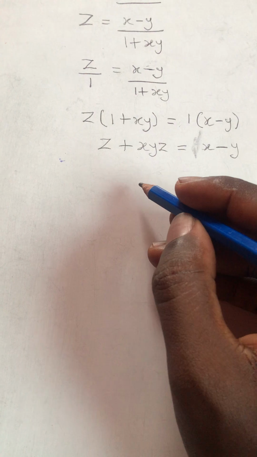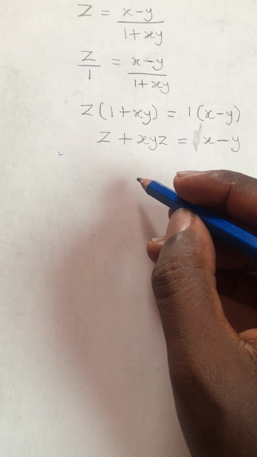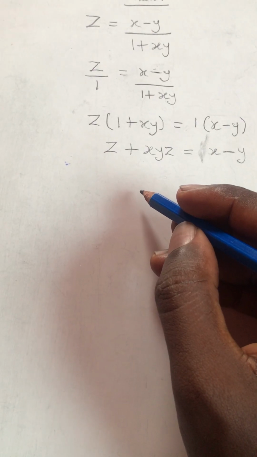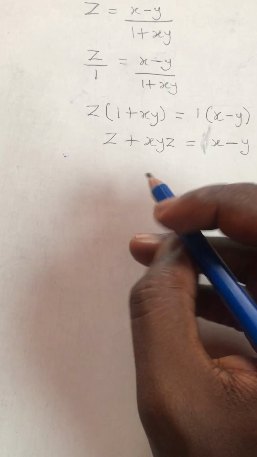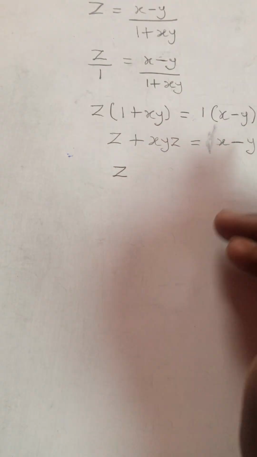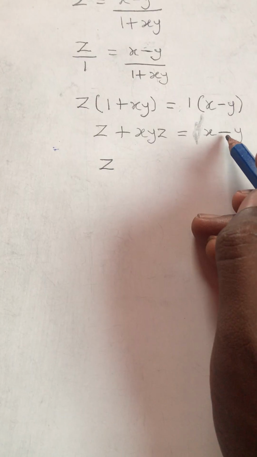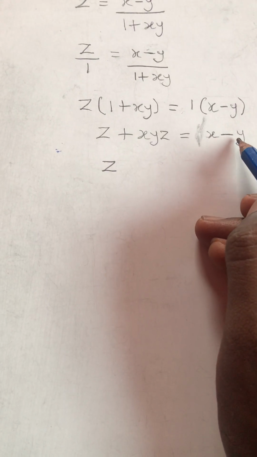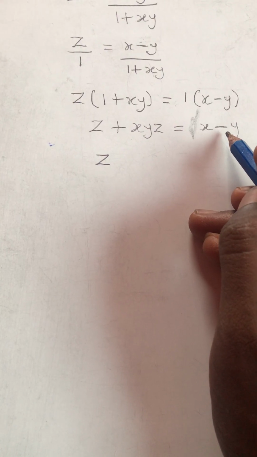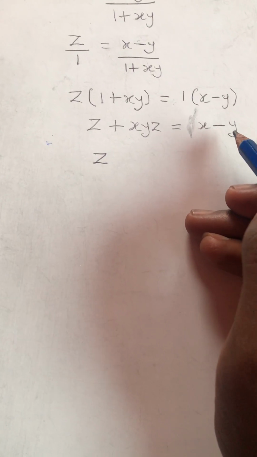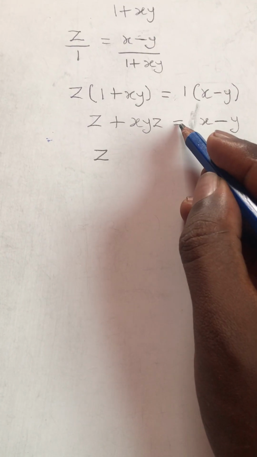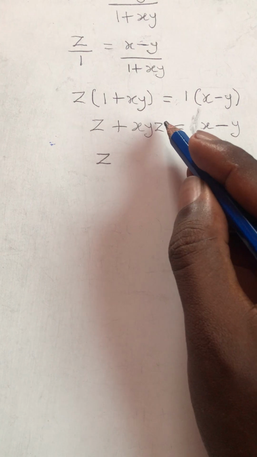And we were tasked to make x the subject of the relation. So we are going to maintain z. We are grouping like terms, and negative y is not our focus, because we were tasked to make x the subject of the relation. So this negative y will jump the equal to sign, and it will change its form to become a positive y.